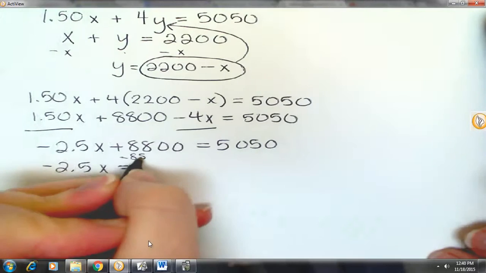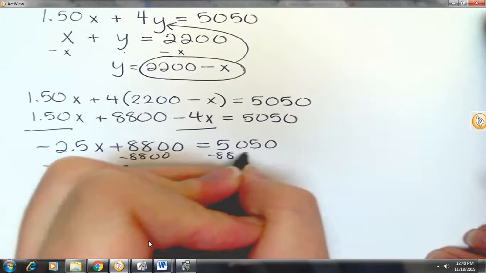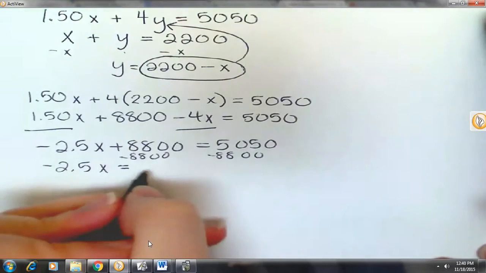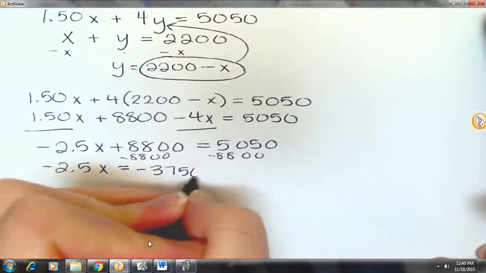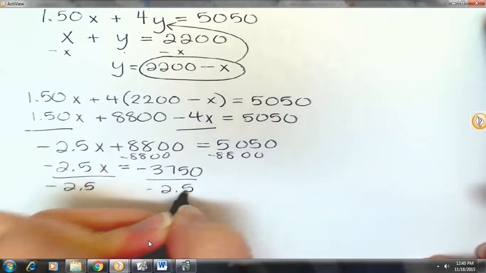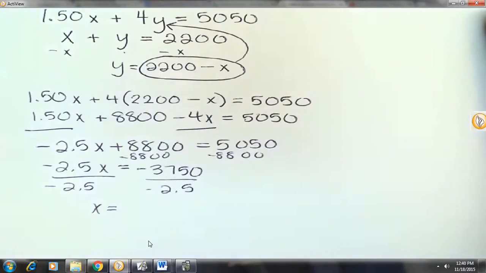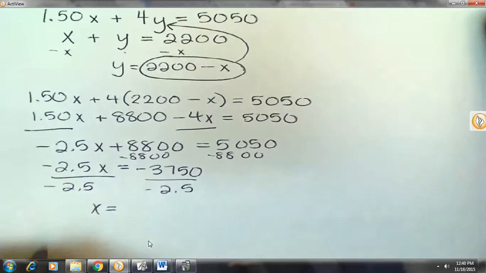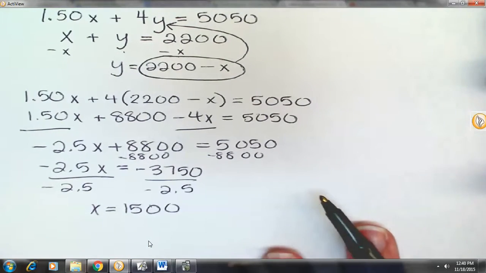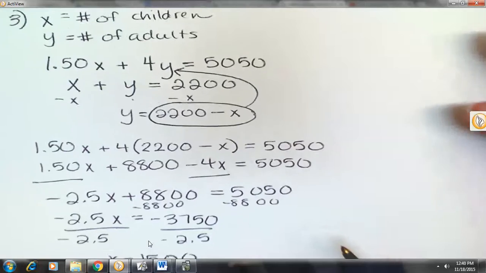Subtract 8800. So 5050 minus 8800 is negative 3750. x equals 1,500. So I have 1,500 children that attended this day.